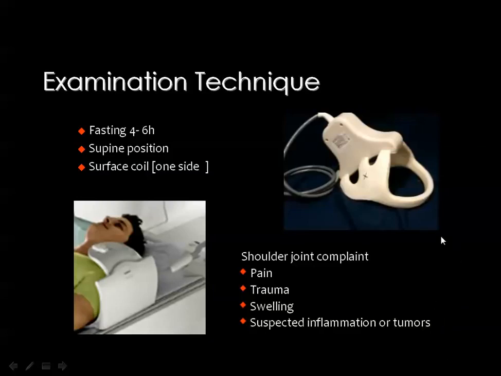There are many appearances of the shoulder coil, and these are two of the commonly used surface coils for examination of the shoulder. The major indications are similar to any of the major joints, including pain, trauma, swelling, suspected inflammation, and or tumors.